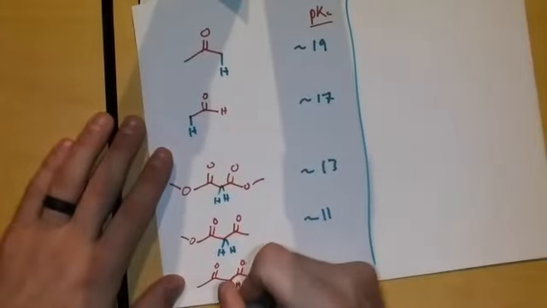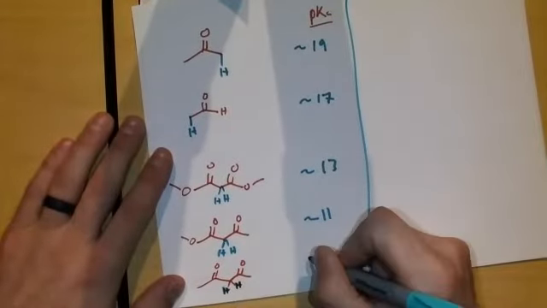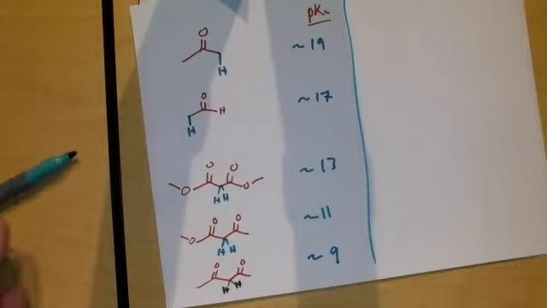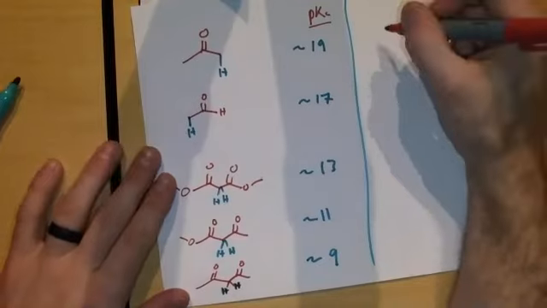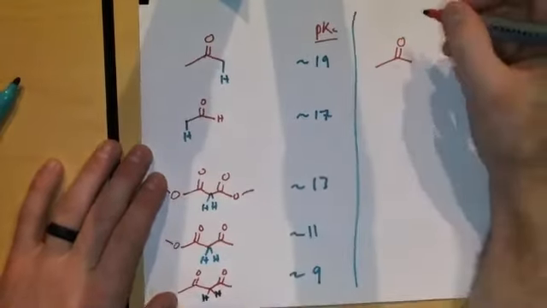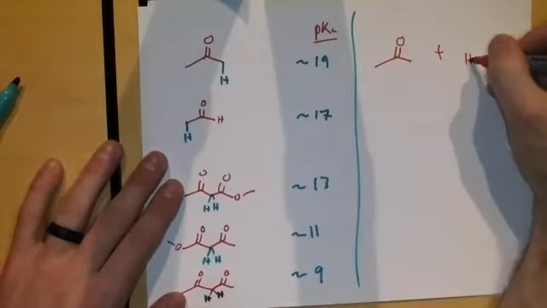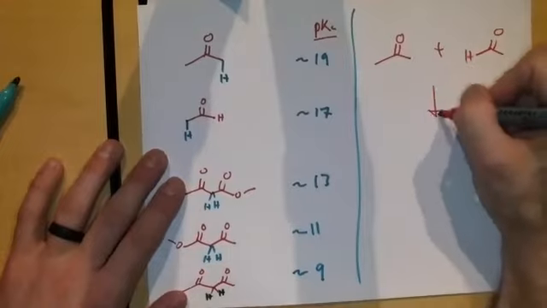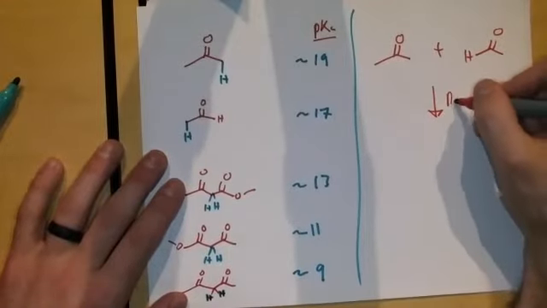This is going to be important because if we have something where we have both a ketone and an aldehyde in solution, for today, later on, we'll do these other ones. So ketone plus aldehyde, and let's say we throw in NaOH.